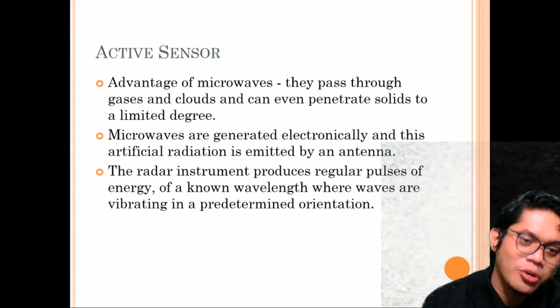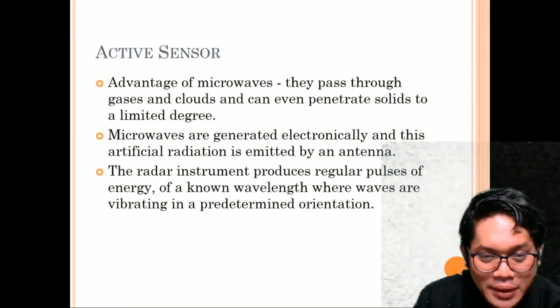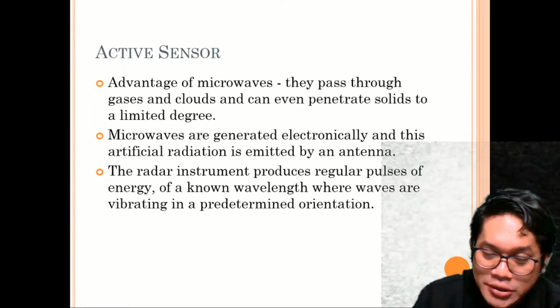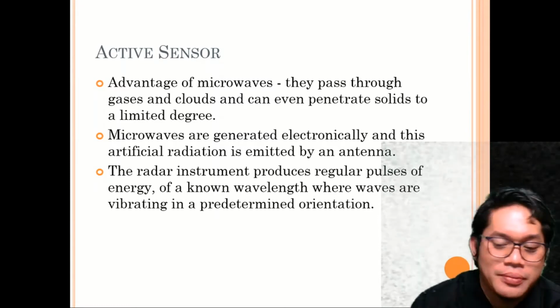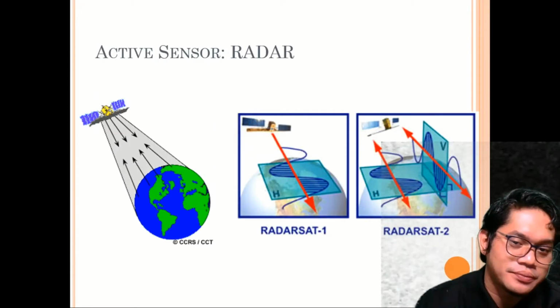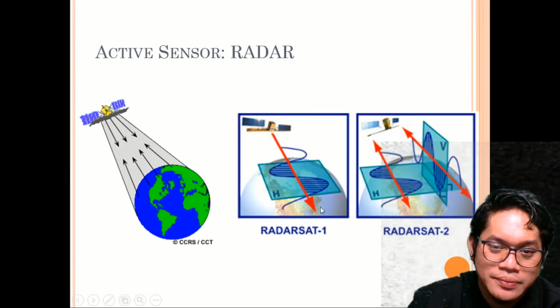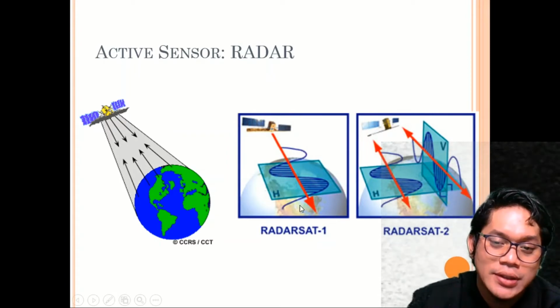If you want to know more about the radar, I believe you can look into the internet about the radar system, especially in terms of the remote sensing system, the capability, the applications, and many more. Okay, so these are the orientations that, as I said before, horizontal or vertical. This is how the pulses of the wavelength are transferred to the surface.